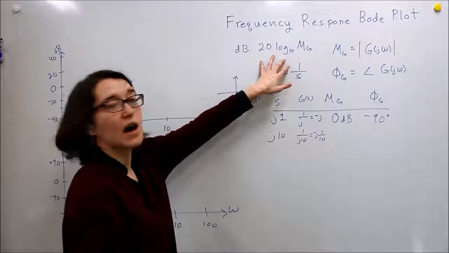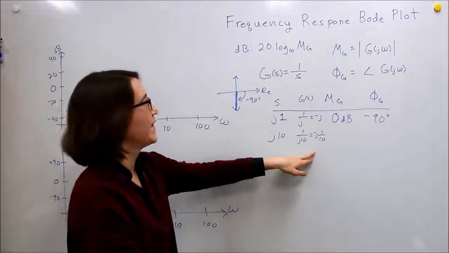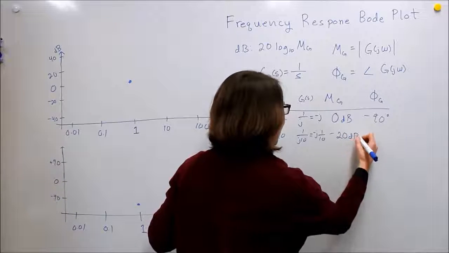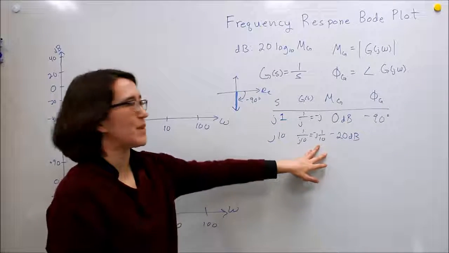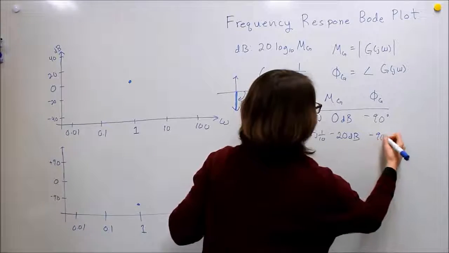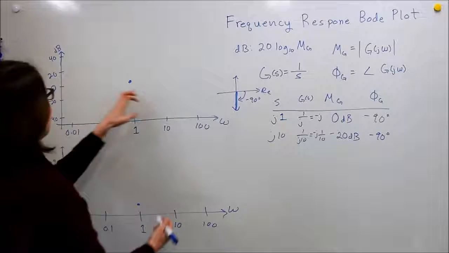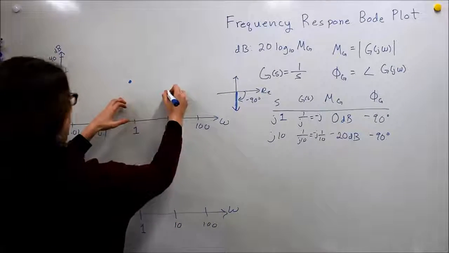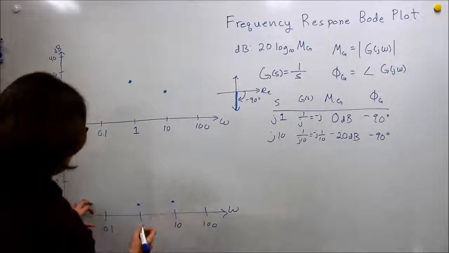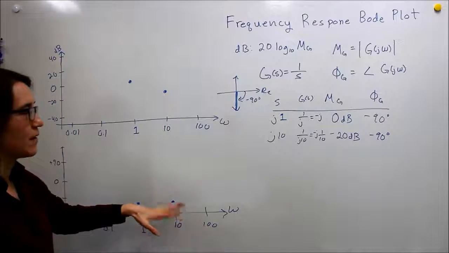If we take the log base 10 of 1 over 10, we get negative 1 times 20, so we get negative 20 dB. And our phase is still going to be the negative j direction, so it's still negative 90. So let's plot that. So 10 now gets negative 20, and we still get the same phase. Okay, so we have a few points. Let's do a few more.